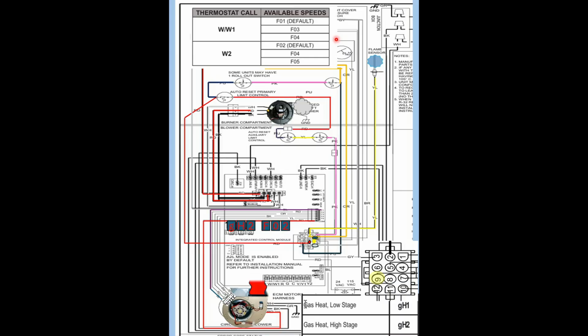This will energize the high fire stage, and the gas heat speed of the indoor blower motor is energized. So now we get that higher speed airflow that we need.